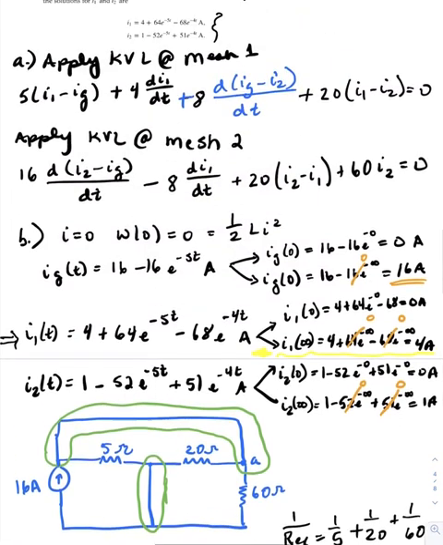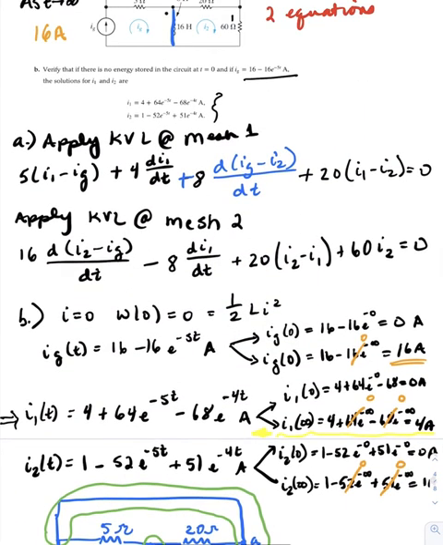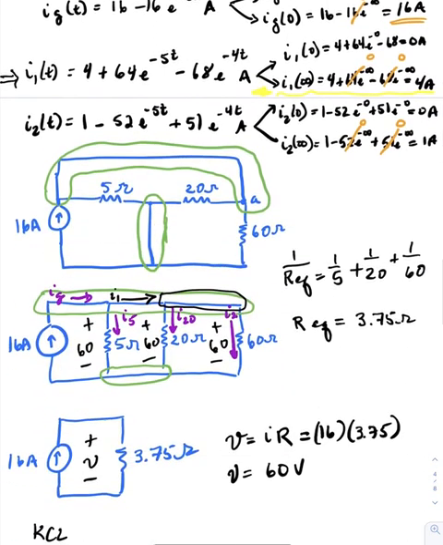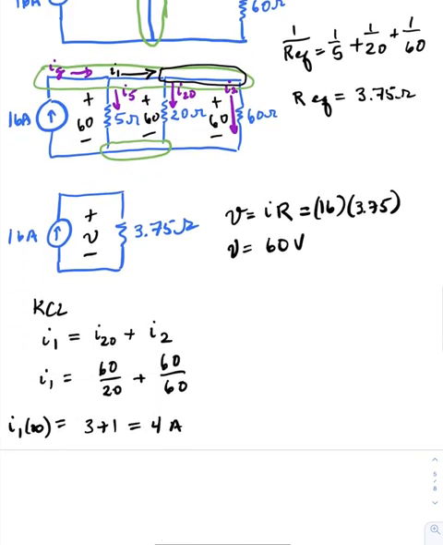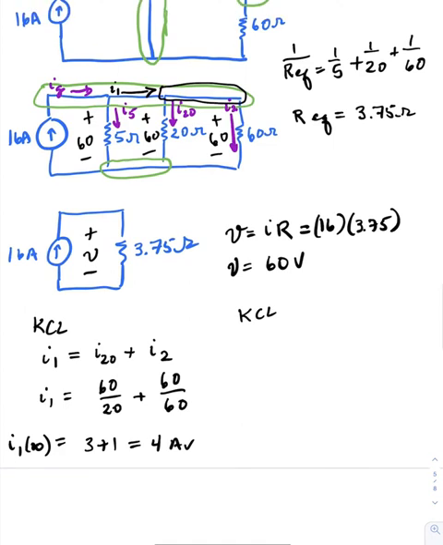So the original problem asks, verify that if there is no energy stored in the circuit at t equals 0, the solutions for this, so that verifies. Okay, KCL for I sub 2. So I sub 2 at infinity is equal to the voltage, 60 volts over 60 ohm, which is equal to 1 amp.